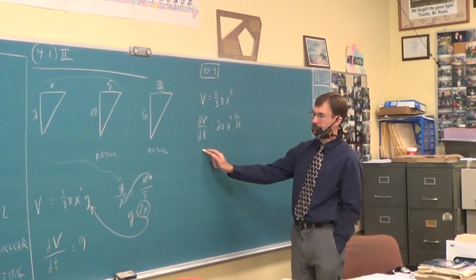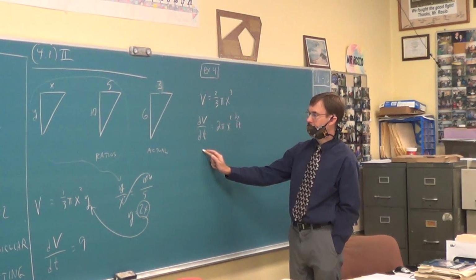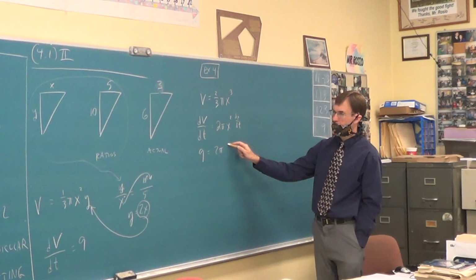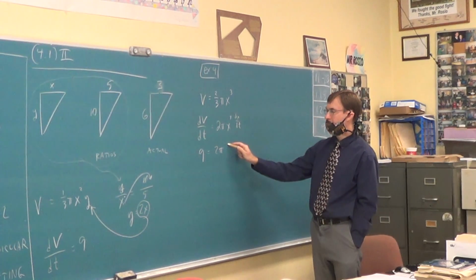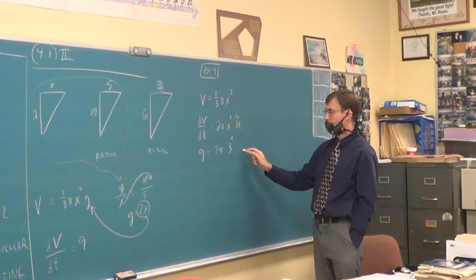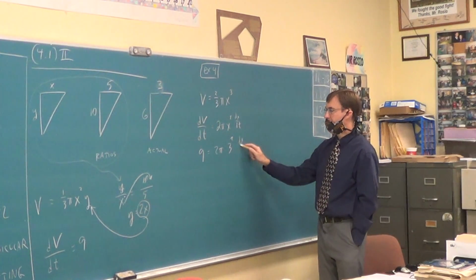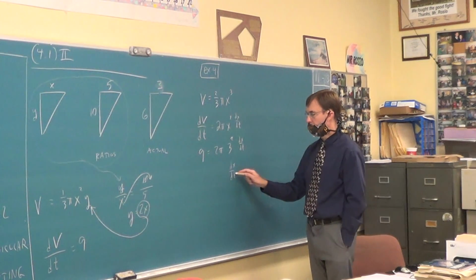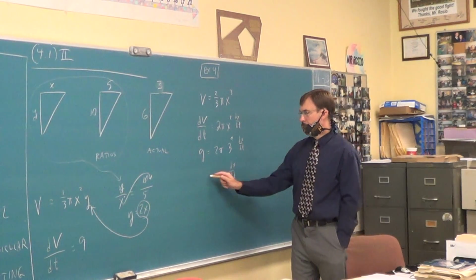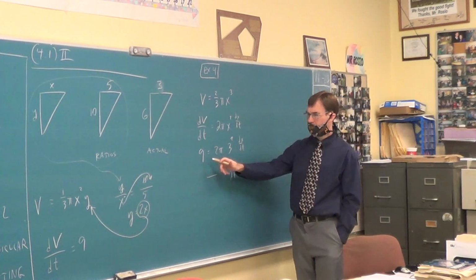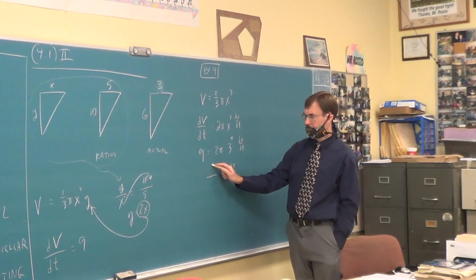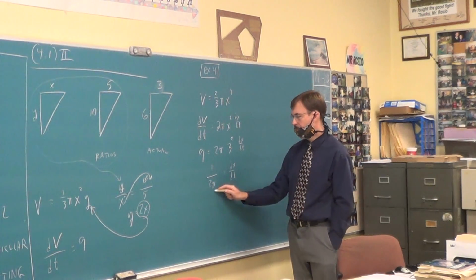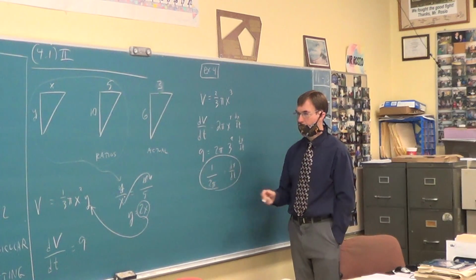So this could be re-represented by 9 equals 2 pi. The x was 3. Once you square it, we've got a 3 squared, which is a 9. And then dx/dt is what we don't know, and that's what we want to try to solve for. 3 squared is 9, so when we divide that into 9, that's 1. And the 2 pi on the bottom. And there's half the answer.